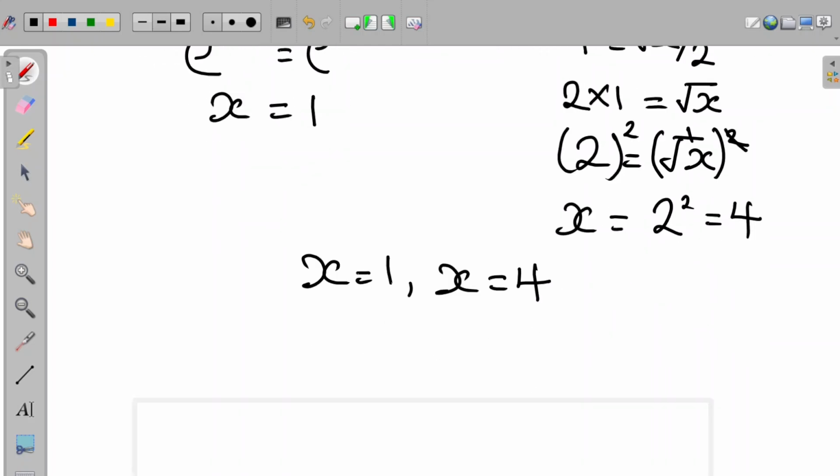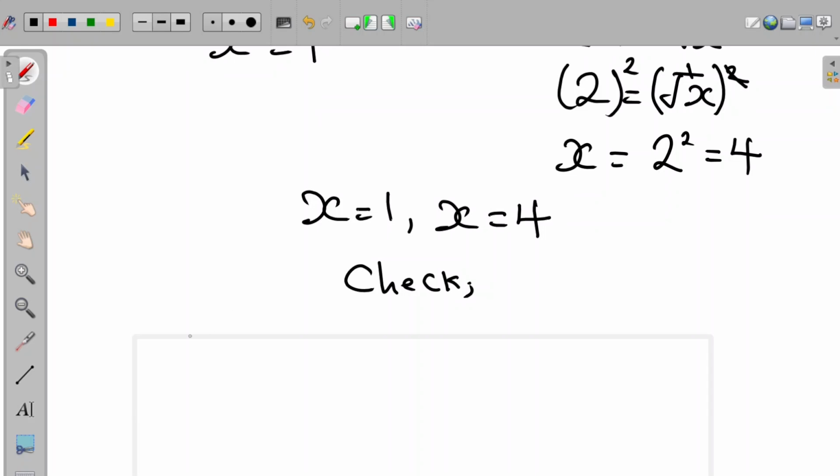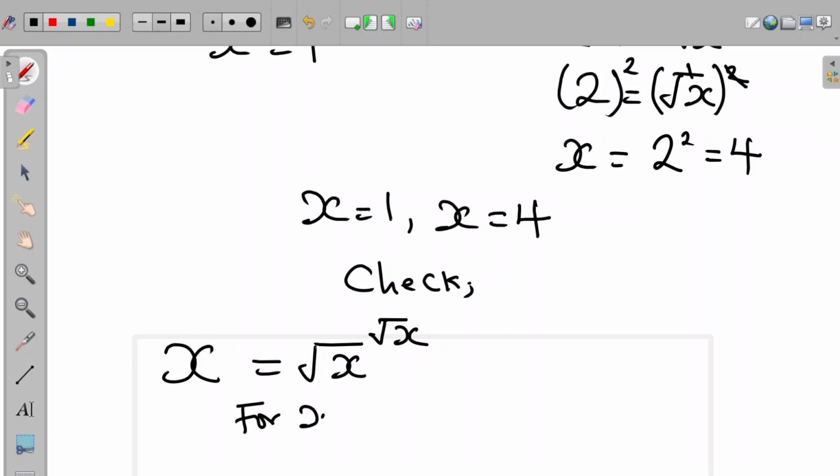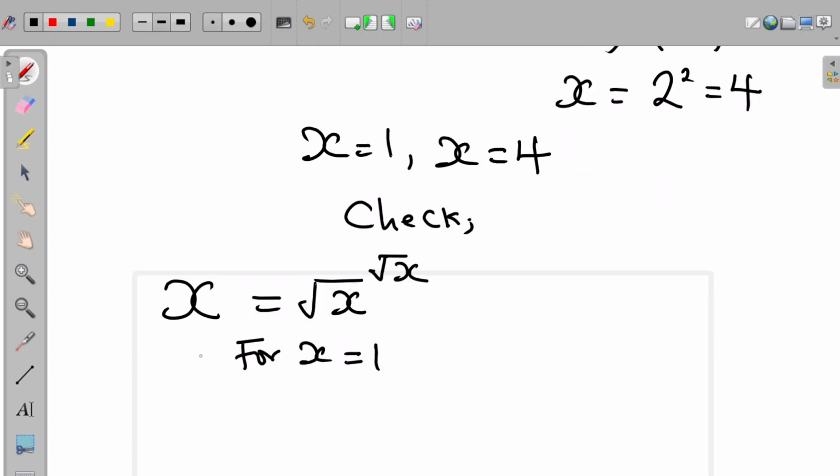Now, let's check if our solution is correct. So we have it that x is equal to root x raised to the power of root x. So for x equal to 1, we have it that 1 is equal to 1 raised to the power of 1.